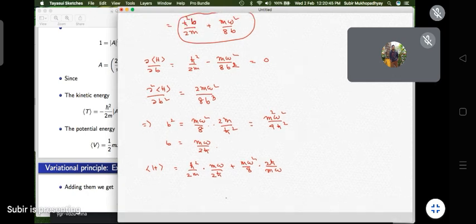And so the first one, m will cancel out, we'll get 1/4 h bar omega. From the second term m will cancel out, one omega will also cancel out, we'll get 1/4 h bar omega, so we'll get half h bar omega.